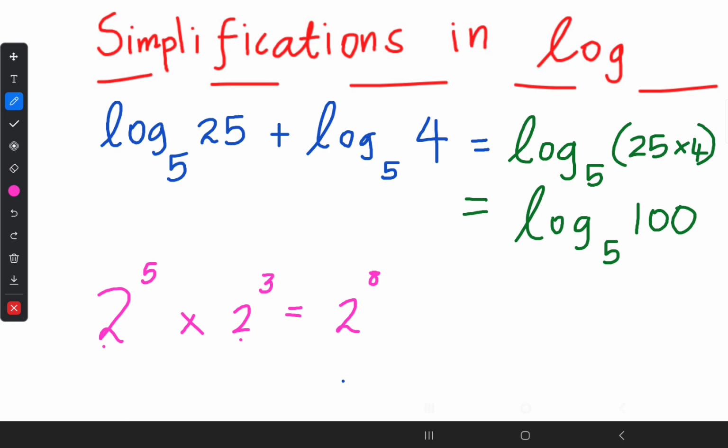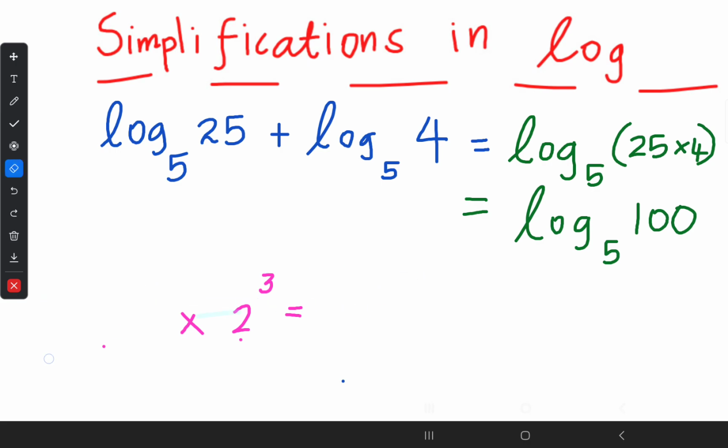This is in logarithmic notation, so the bases are the same, and if there is any addition happening, you should multiply instead. In index notation, the multiplication became an addition. In logarithmic notation, the addition will become a multiplication. This is the difference between index notation and logarithmic notation.